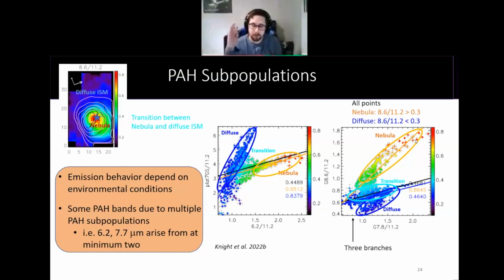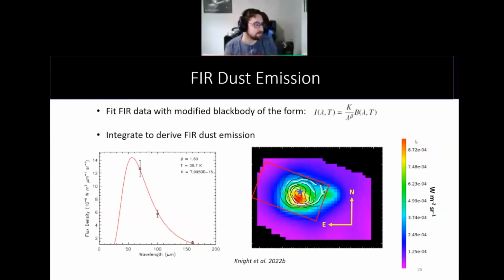What I mean by PAH subpopulation is populations of PAHs that are characterized by different overall PAH properties, such as charge states, average sizes, and overall structures. So there's two distinct regimes here, and we want to see how that relates to our physical conditions, which we'll map next.